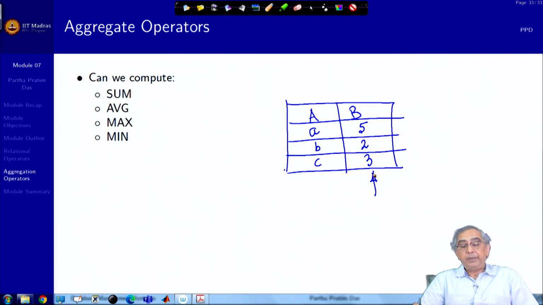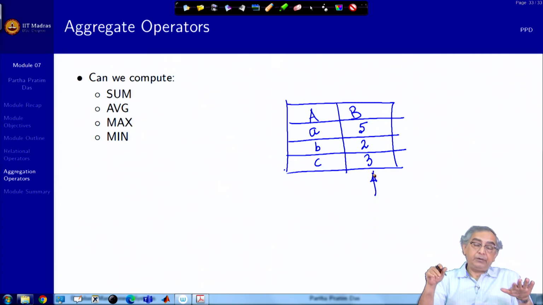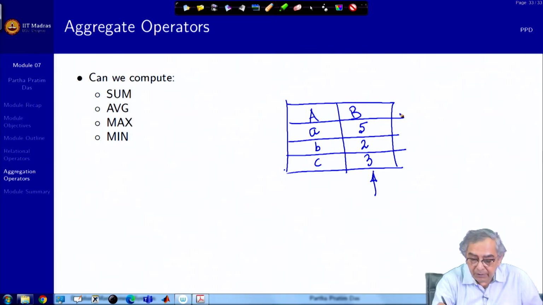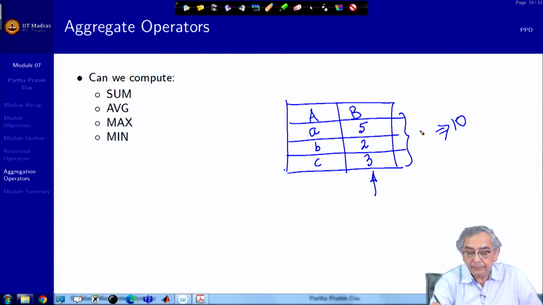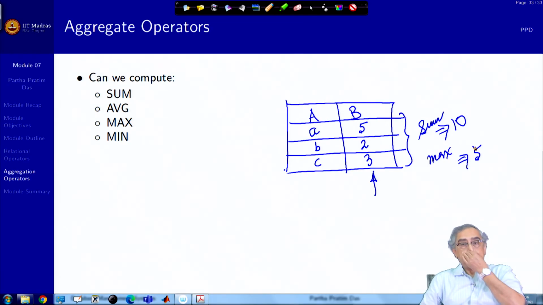I want to make a sum. Of course, the type of that column has to be such that that particular aggregate operation is possible. So, I can do a sum on this column to get 10. I can do a max on this column to get 5, like this.